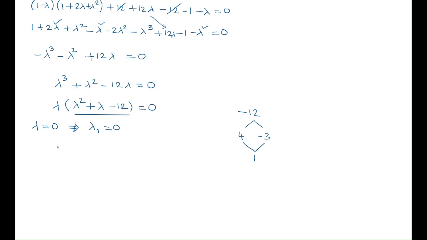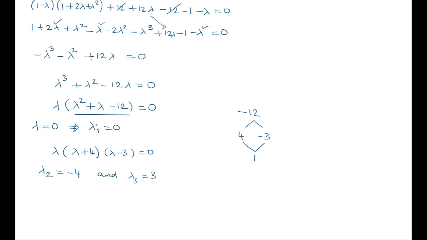So I can rewrite this as lambda plus 4 times lambda minus 3 equal to 0. Therefore, the second eigenvalue is lambda 2 equal to minus 4, and the third is lambda 3 being 3.